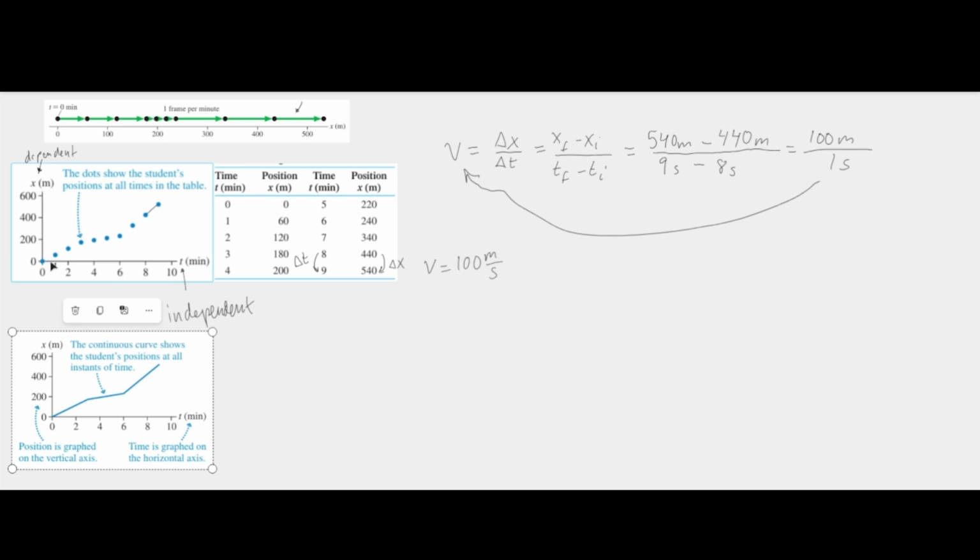We start at displacement equals 0 to displacement equals 540, as indicated by the chart. We can then connect all those lines and we can see this continuous curve that describes the student's motion. Finally, when we look at the slope of this graph, that actually gives us the velocity of the student when we look at a different segment. In this case, we looked at the end segment and we determined that the velocity is 100 meters per second.